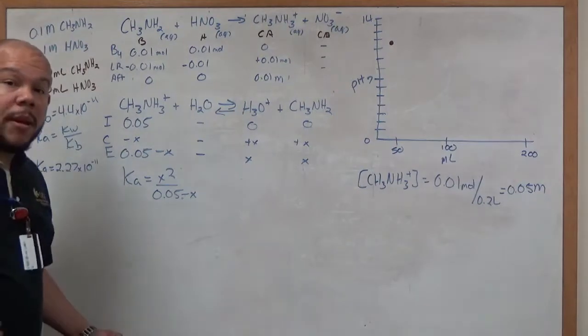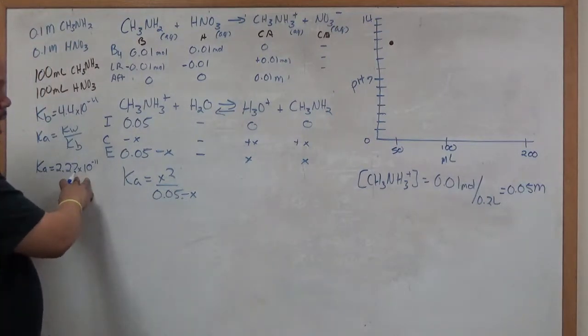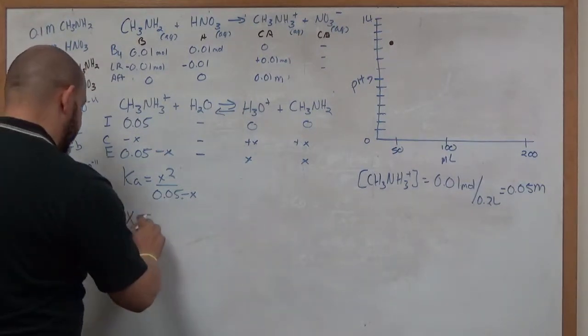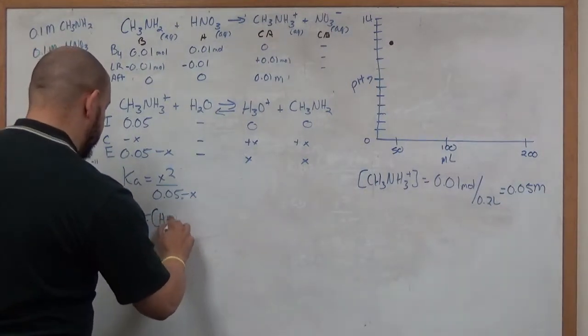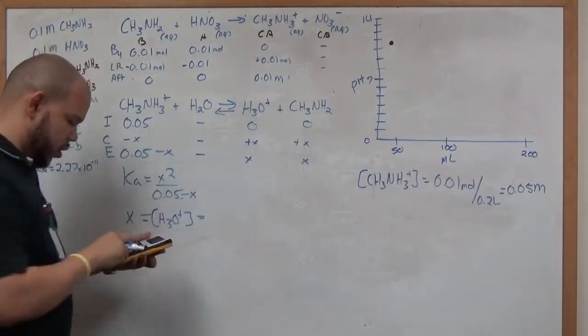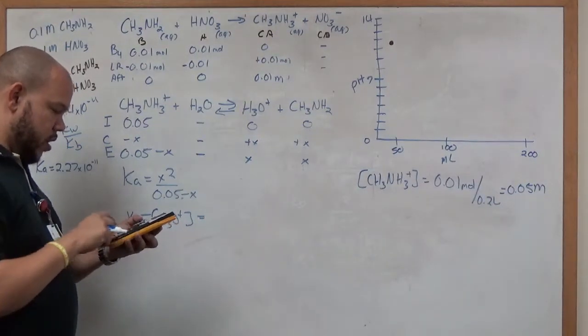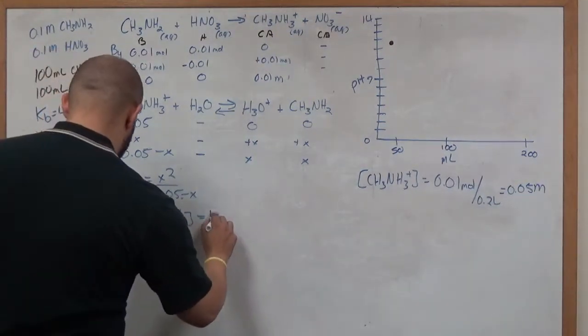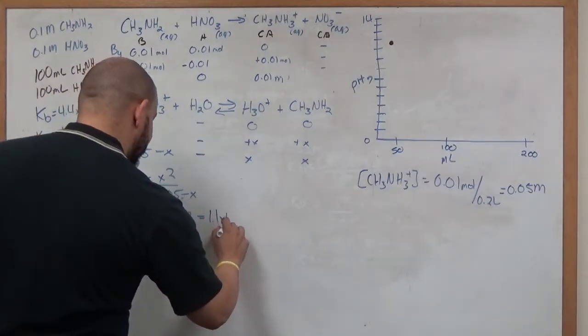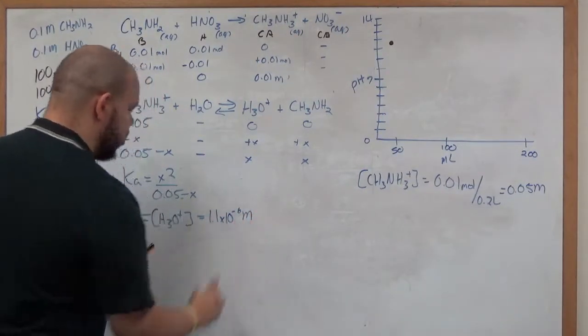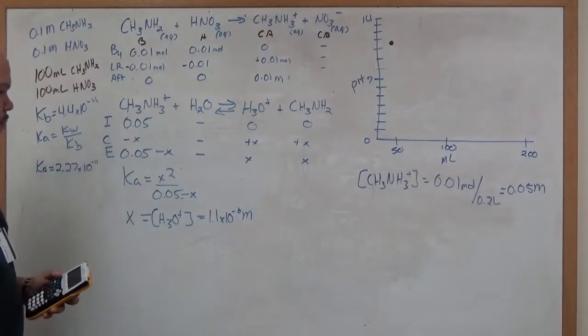But remember, we can drop x because of our Ka being so small, so we can solve for x, and x is equal to H3O plus, which is equal to the concentration, so times 0.05, square root, second answer, we're dealing with 1.1 times 10 to the negative 6 molar, so 1.1 micromolar.